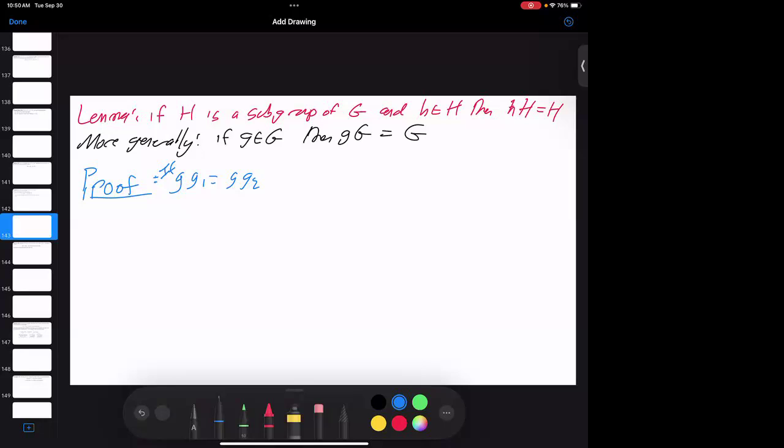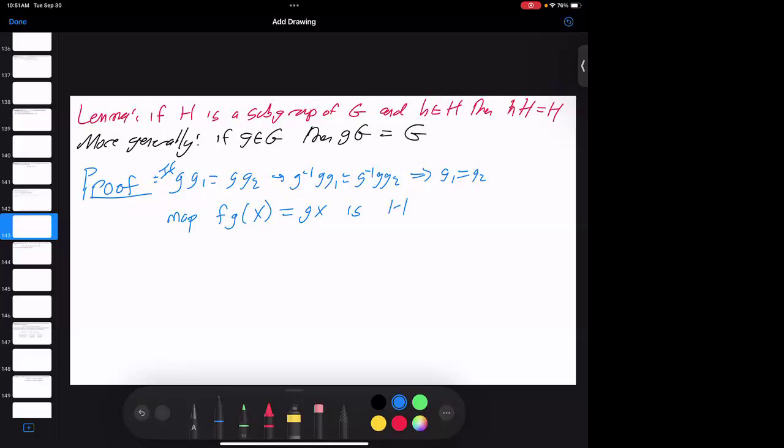Yeah, that implies g inverse g g1 equals g inverse g g2, therefore g1 equals g2. So what this means is if I take two different elements in big G and multiply them by little g, they go to different things. So the map f_g of x equals gx is injective, is 1-to-1. Two different things are sent to different things.